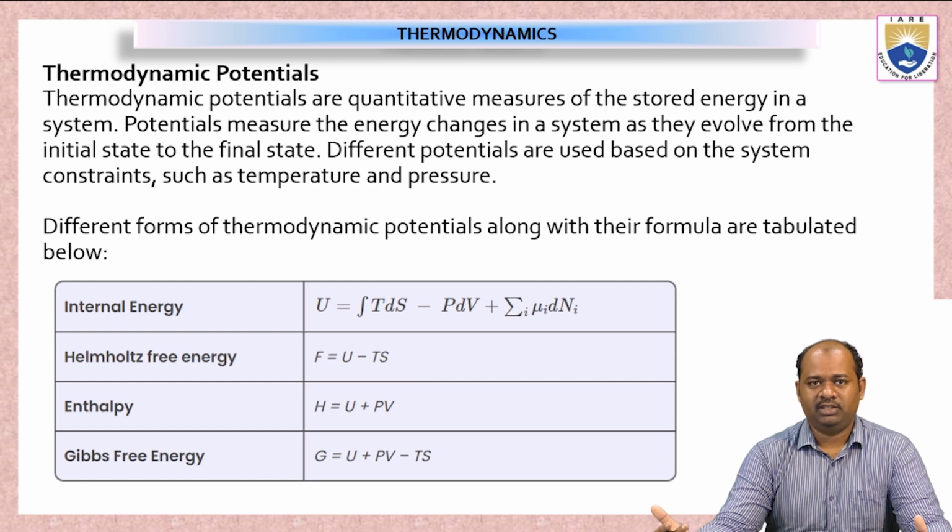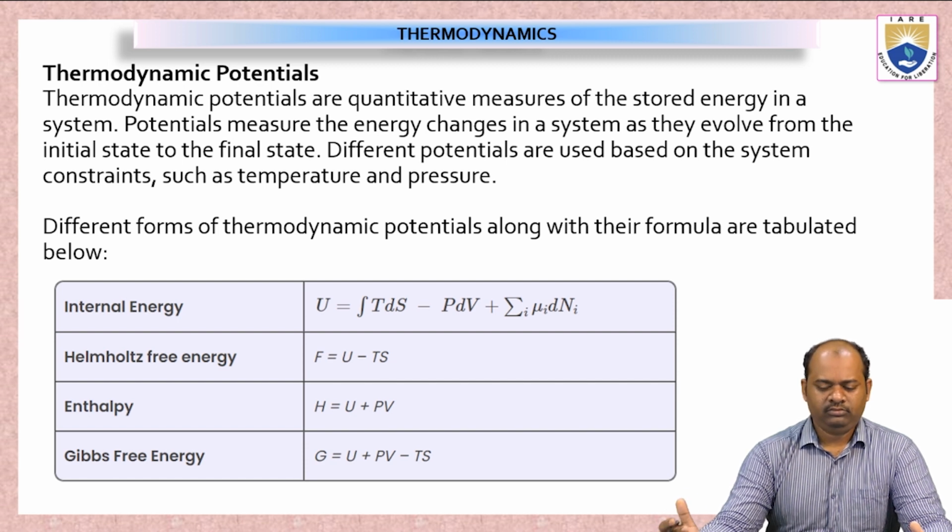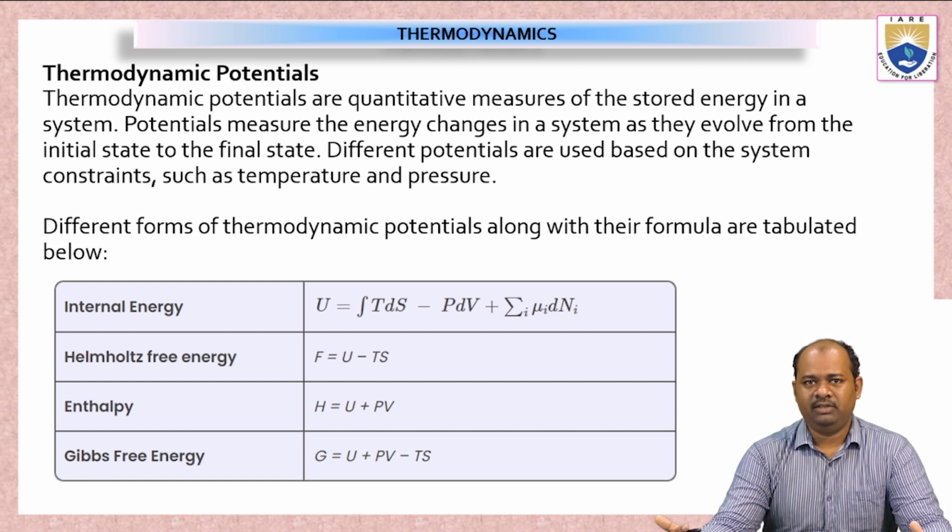Different types of parameters are there to indicate the state of the system. Apart from them, some internal potential forms are there where we have to describe the system using these potentials. The potentials will measure the energy changes in a system as they evolve from the initial state to the final state. So, these energies will make the system change from one state to another state.